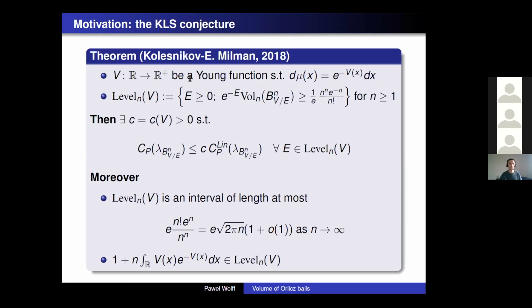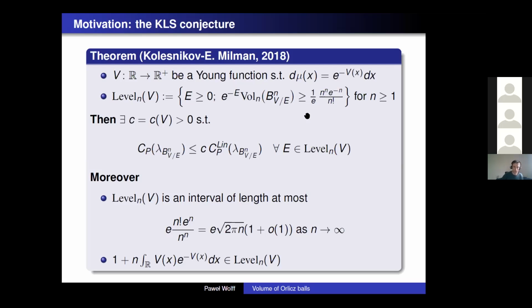And let's consider the levels that are associated with this Young function, the sequence of levels which depends on the dimension n, and these are the scalings E of our Orlicz ball, for which we will say something towards the KLS conjecture.